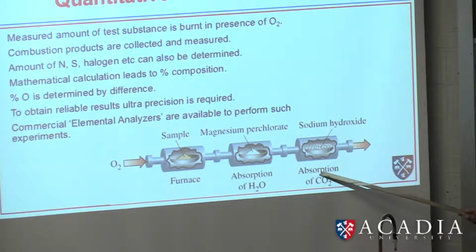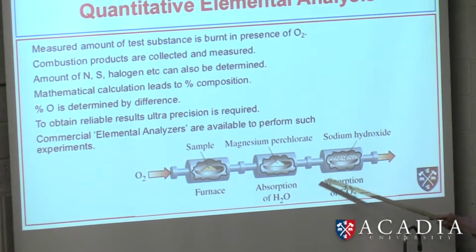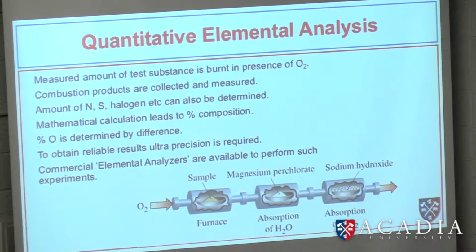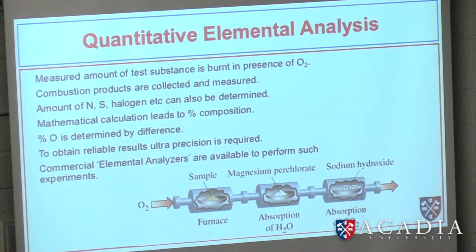We can absorb all of the CO2 with sodium hydroxide. It has a tendency to pick these things up, and we can tell how much CO2 and H2O comes off, and we do an analysis. That works for compounds with just carbon, hydrogen, and oxygen. There are other ways to find other things.